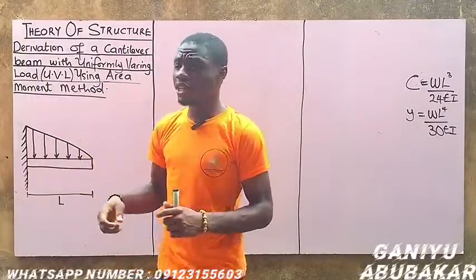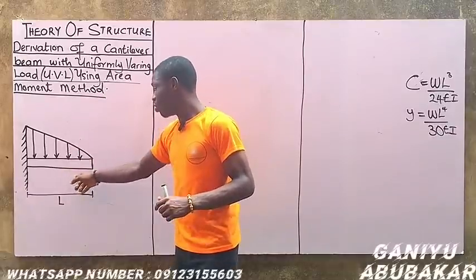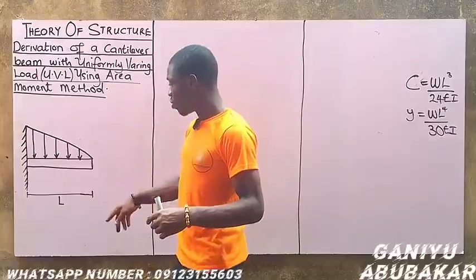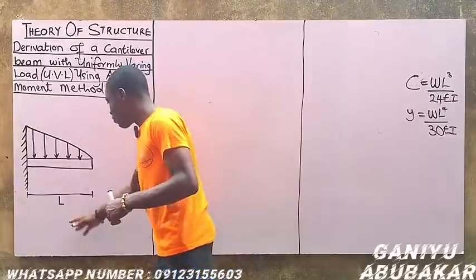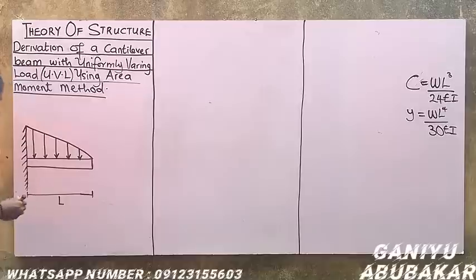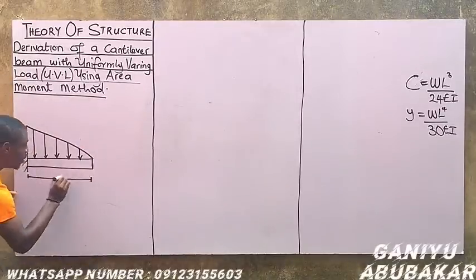Deflection simply means when the weight of the load is higher than the cantilever beam can support, it will deflect, right? So let's draw the deflection of this beam here. The deflection will become something of this nature. Let me call here the length.